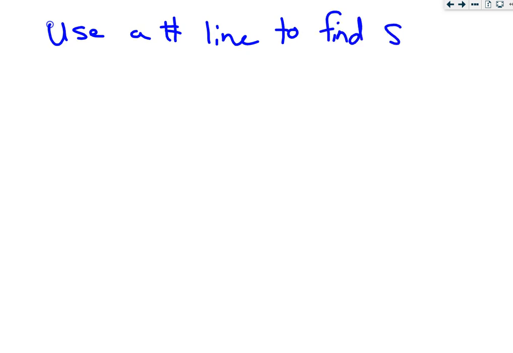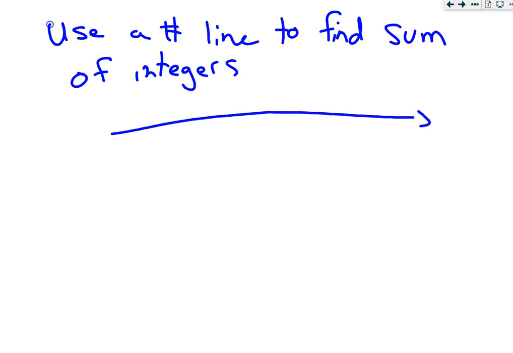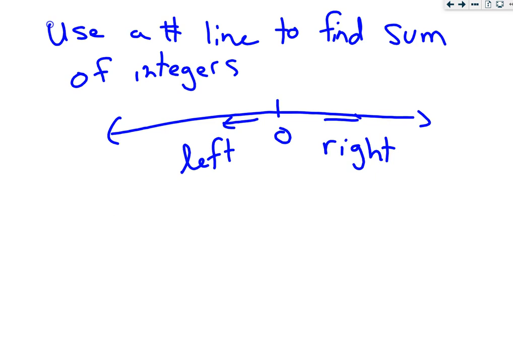So to recap what we've learned today, using a number line to find the sum of integers, by going left in the negative direction and right in the positive direction using numbers.